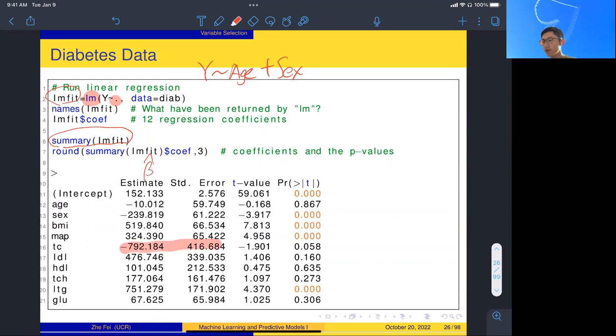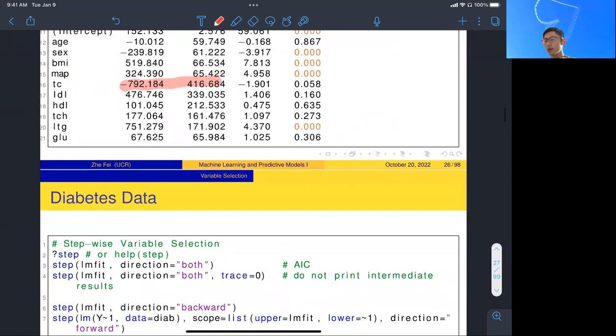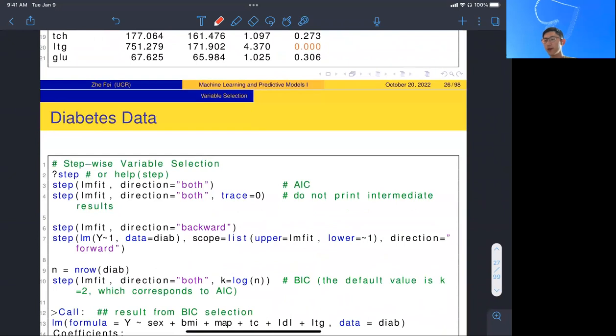And in terms of the significance, right, some are highly significant. So that's the last column, right? P. So this is the p value, the last column. Some are highly significant, some are not. So we suspect, right, not all of the variables here are important in predicting this disease progress measure.